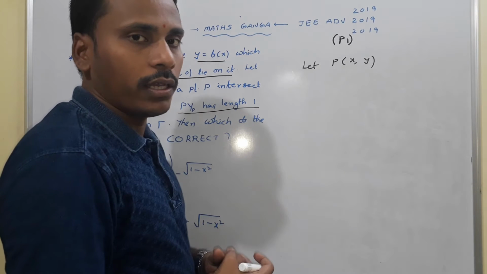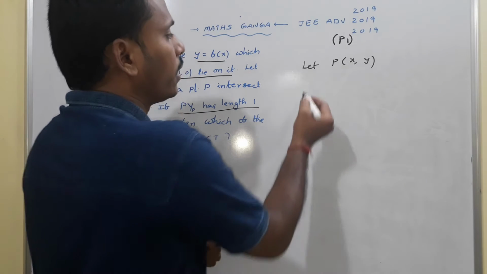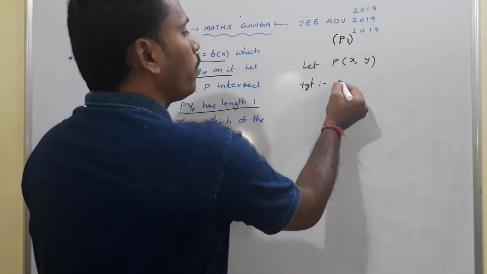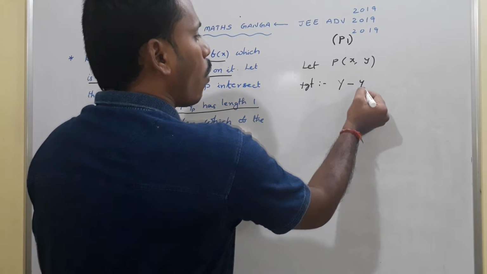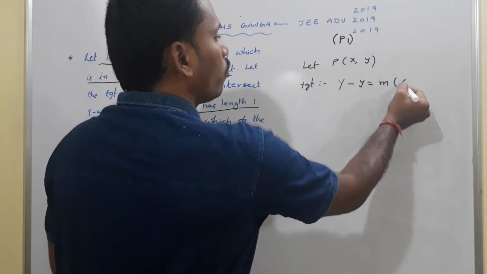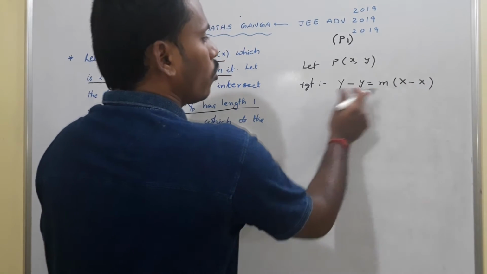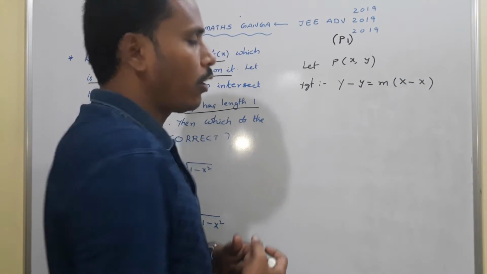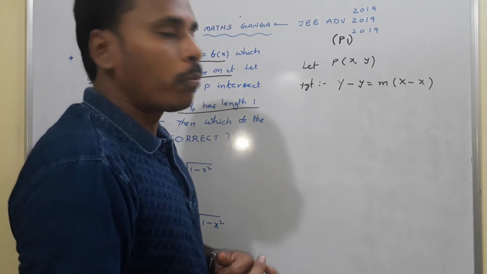If P (x, y) is a point of the curve, then what will be the tangent equation? The tangent equation will be Y minus y is equal to m into (X minus x). So this capital X and Y are the variables, whereas the small x and y are an arbitrary point of the curve. m is the slope of the tangent.